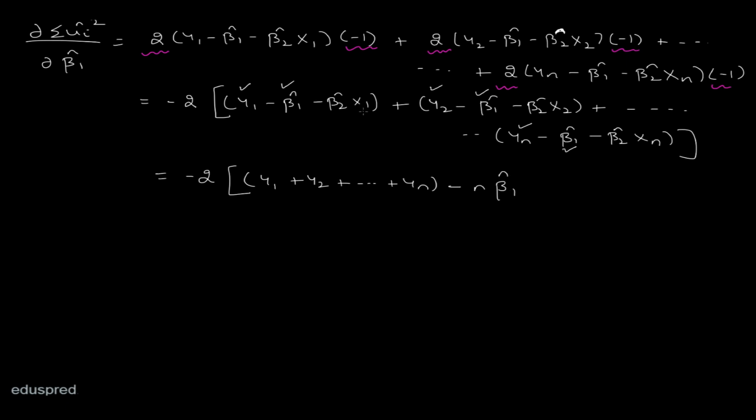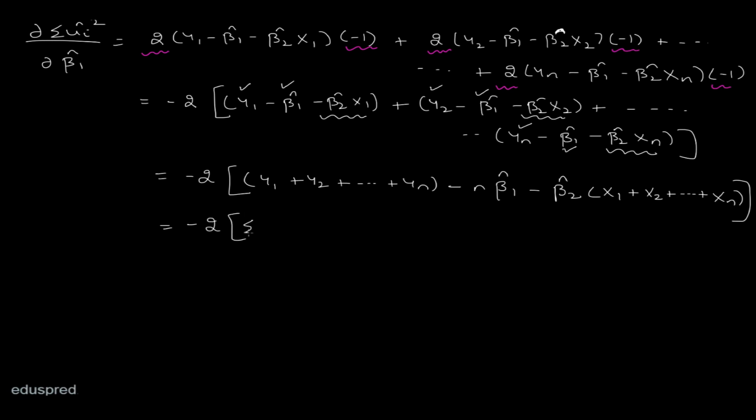Okay. Now over here it is minus beta 2 hat x1 minus beta 2 hat x2, and this is going on till minus beta 2 hat xn. So I can actually take minus beta 2 hat common, and within brackets I can write x1 plus x2 going on till xn. Okay, and this is equal to minus 2.